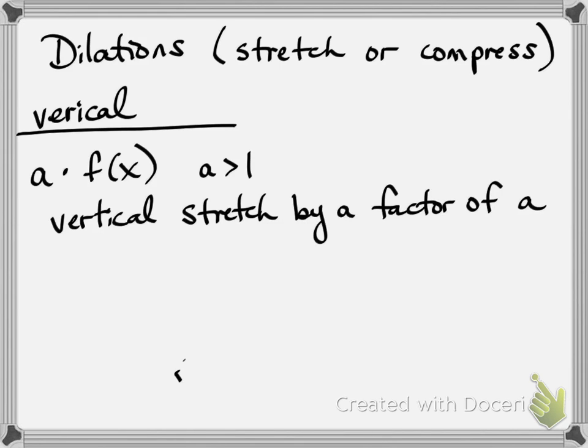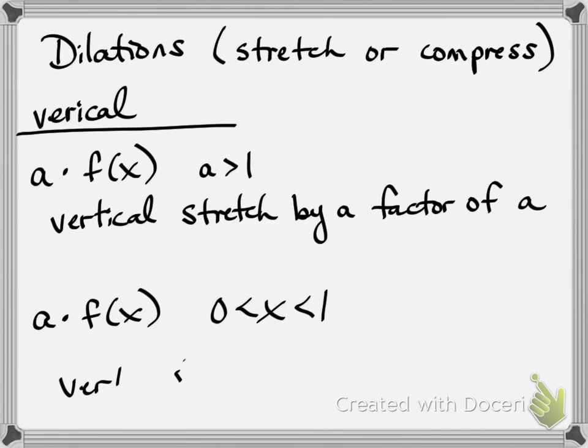But if you have a times f of x, and a is some fraction between 0 and 1, then this is a vertical compression. Some books call them shrinks. By a factor of a, I'm sorry.